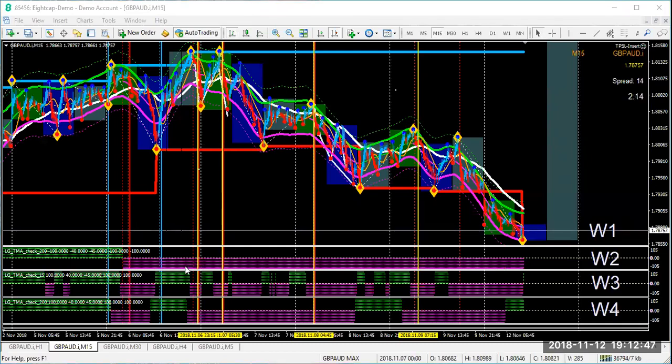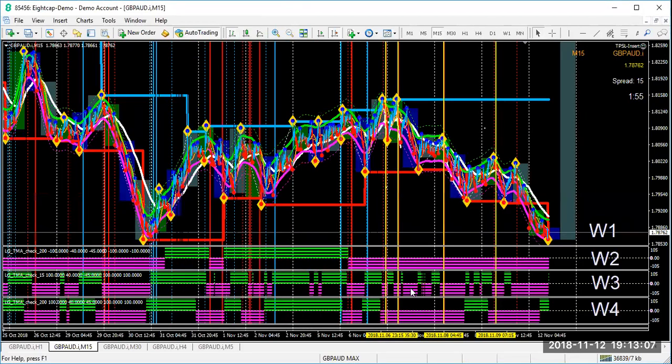So window 2 gives us a higher time frame view of two time frames higher and a time frame higher. So it gives us an idea of what the M15 and M30 are doing or wanting to do. Okay.